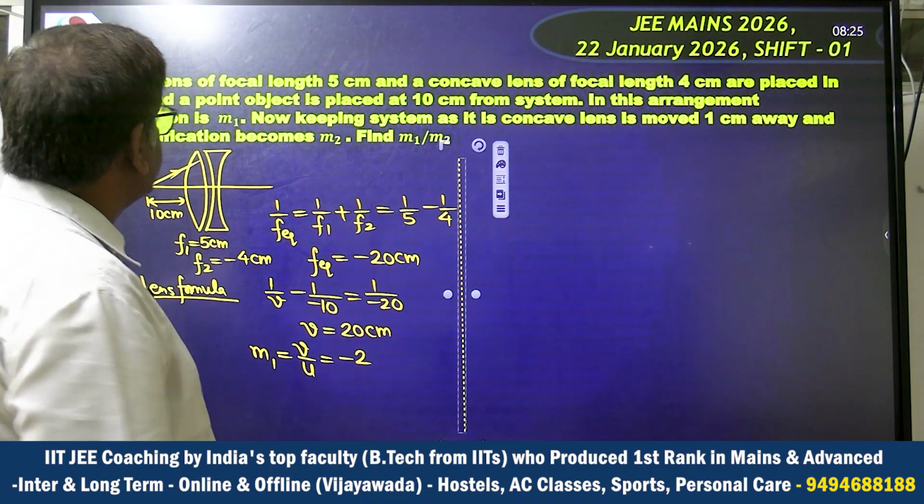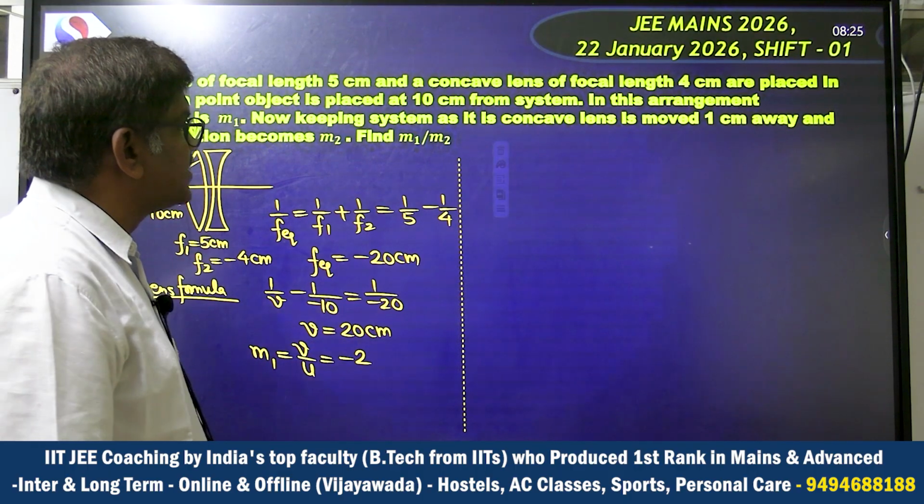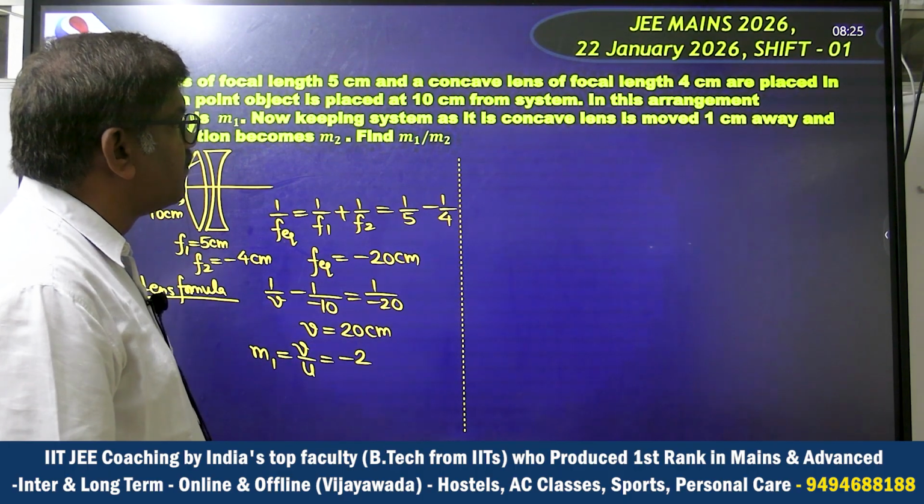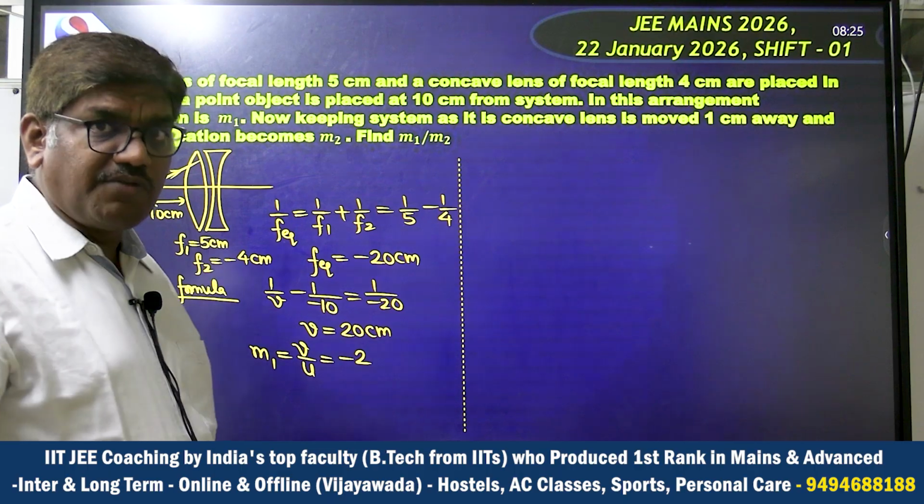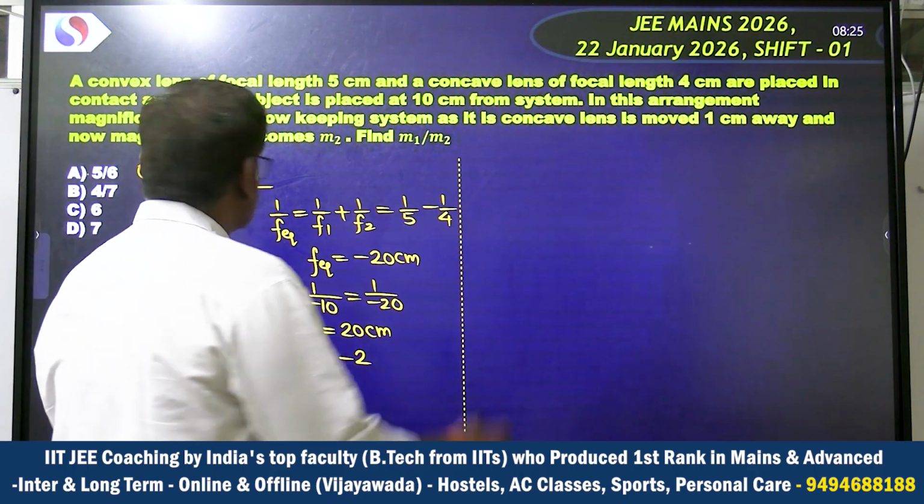So for the second case, now they are saying, now keeping the system as it is, the concave lens is moved 1 centimeter away, obviously away from the convex lens. So what is situation 2?